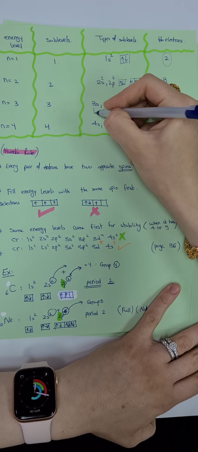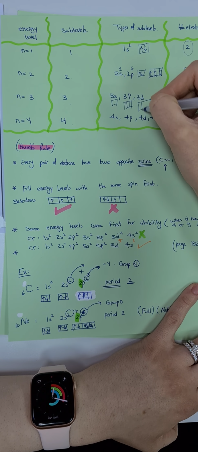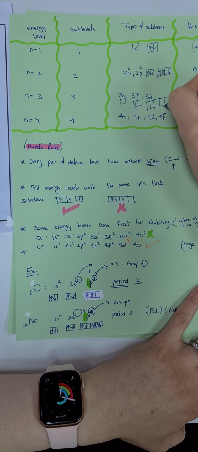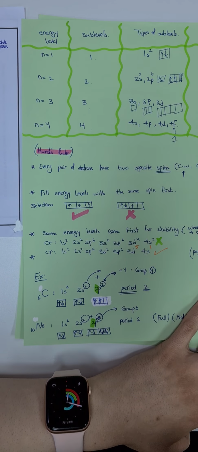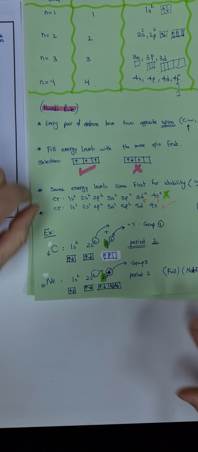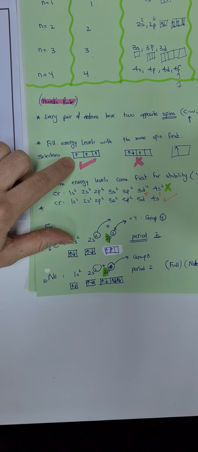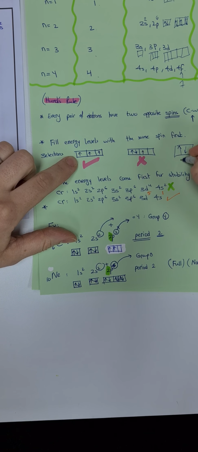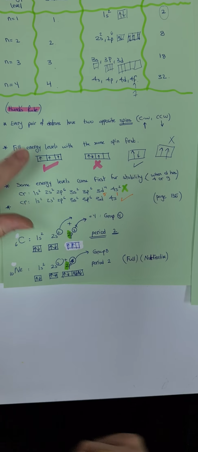The same thing here: I have only 1, here I have 3, and here I have 5 to make 10 electrons. And for this one, we will have 7 places. Never ever put 2 electrons in the same direction. If one electron is moving clockwise, the other should be counterclockwise. This is correct, but if I make them both in the same direction, it will be wrong.